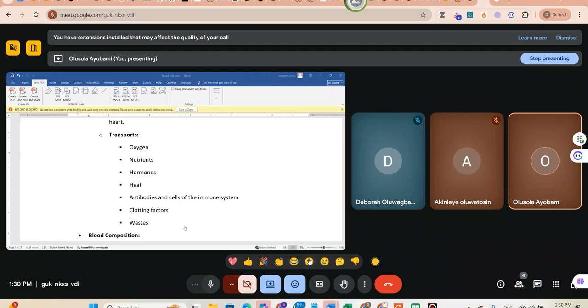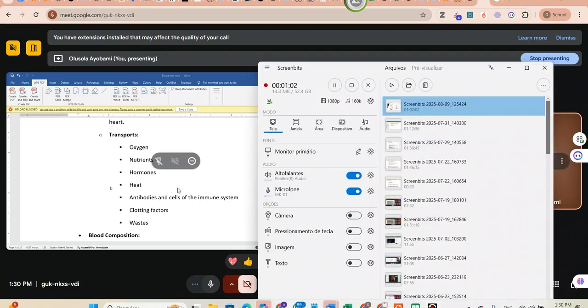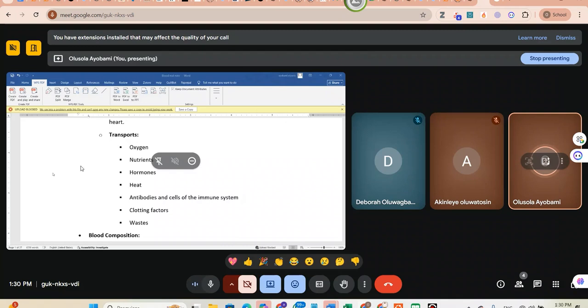As a revision, which one is responsible for systemic circulation? Left ventricle or right ventricle?